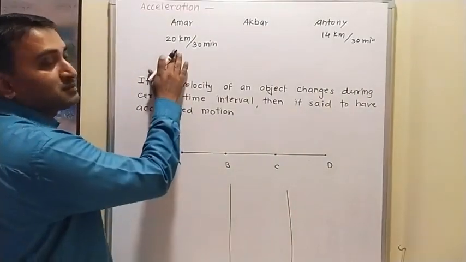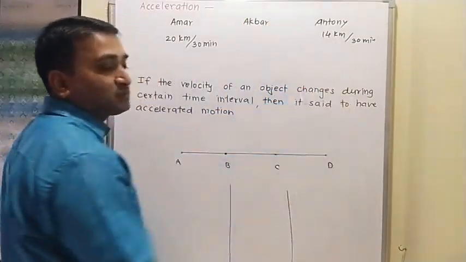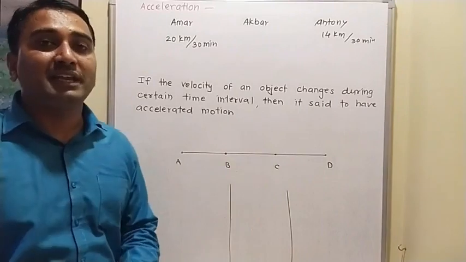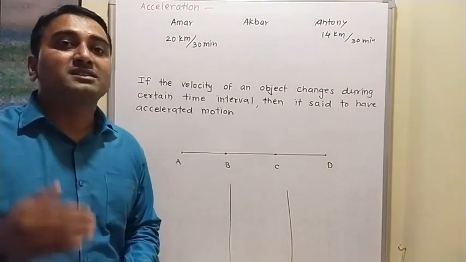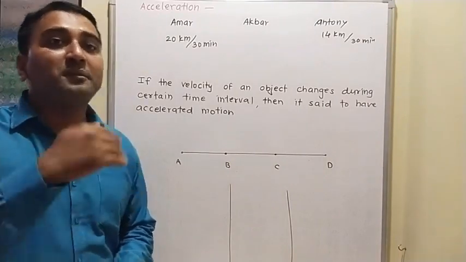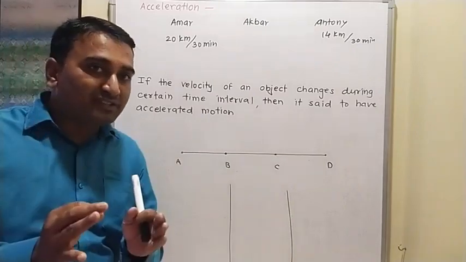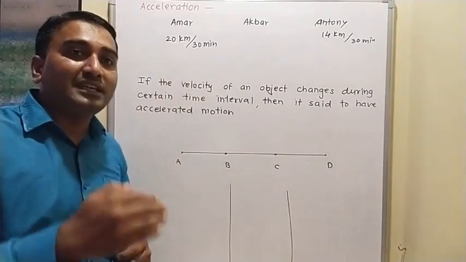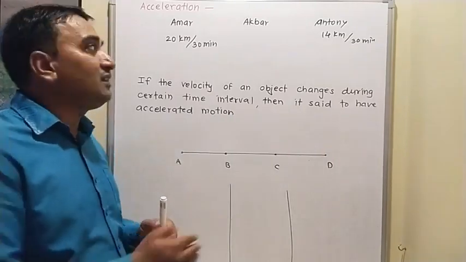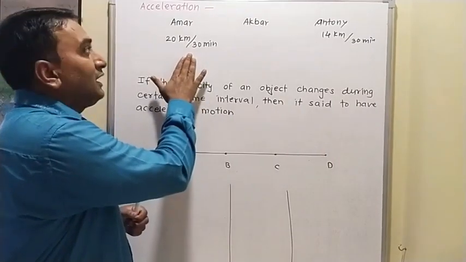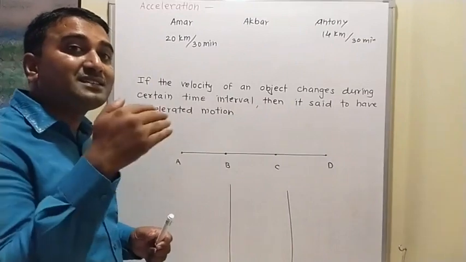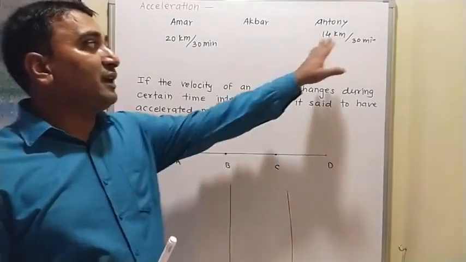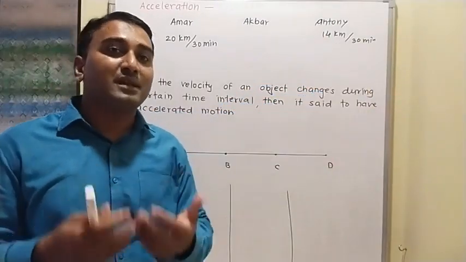Amar's motion and Anthony's motion were uniform linear motion. That means they were moving at uniform speed. And when speed is uniform, velocity is said to be uniform. That means in each and every time interval, with the same velocity, Amar is covering the same distance. Anthony is also covering the same distance.